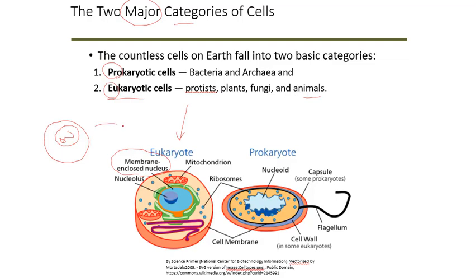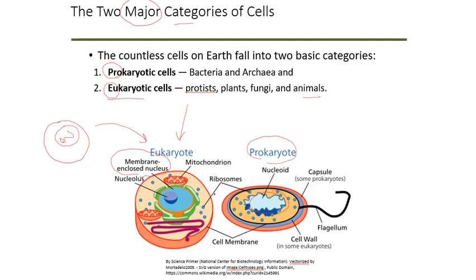Well, this is found only in eukaryotic cells. Prokaryotic cells do not have a membrane enclosed nucleus. So basically their DNA that we can see here is structured in such a way that doesn't need to be contained inside a membrane. That is the main difference.